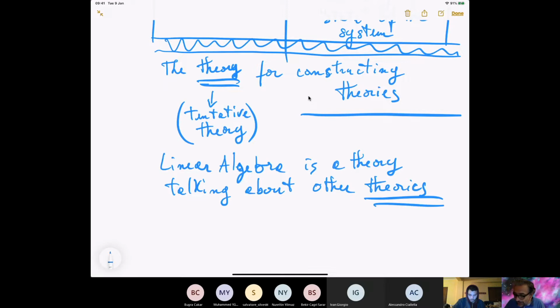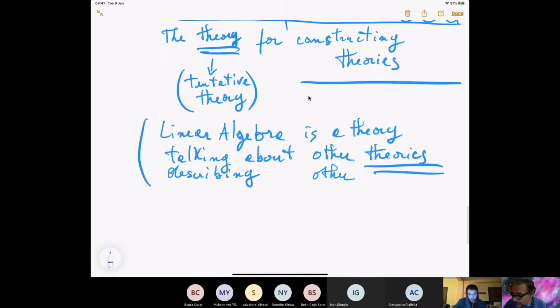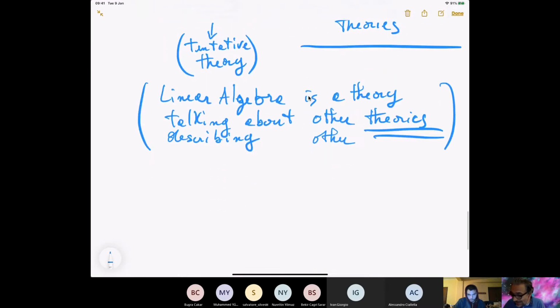So describing other theories. Why? Try to think about this. I gave you a definition of vector space with an inner product. I told you that a vector space is a set. Did I tell you which set? No.